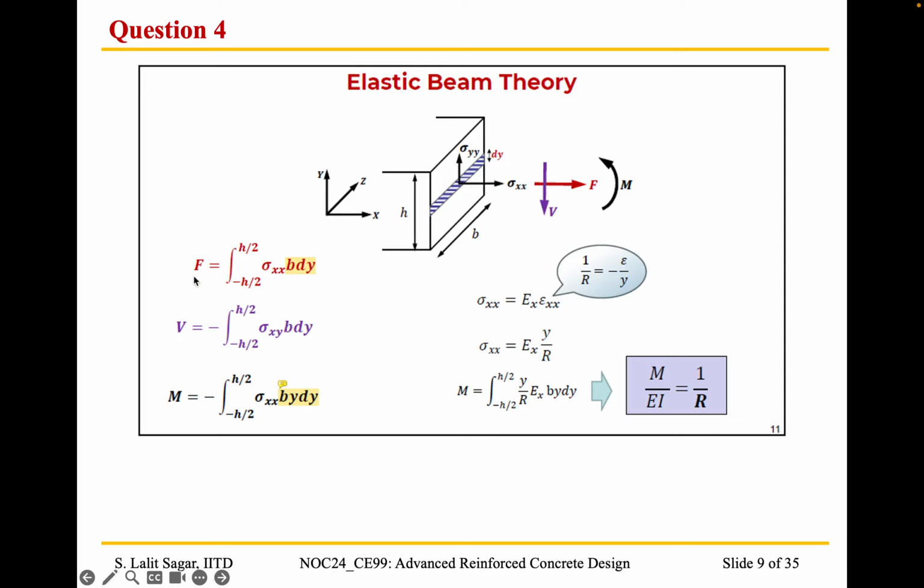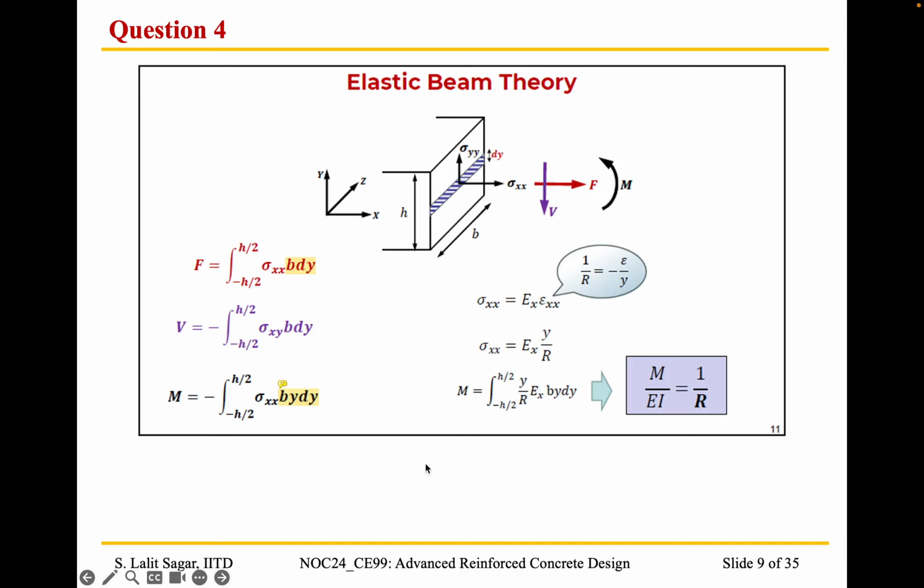We can determine by integrating these stresses across the cross section at any given length the axial force or the shear force and the bending moment. So when you plug the value of epsilon from the previous relation between curvature and strain, and when you simplify, we obtain this expression.